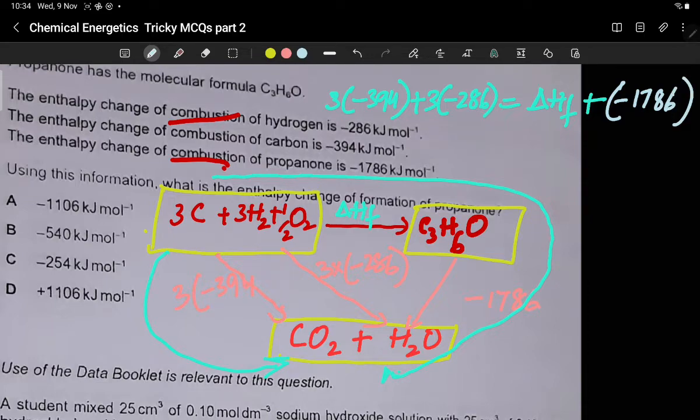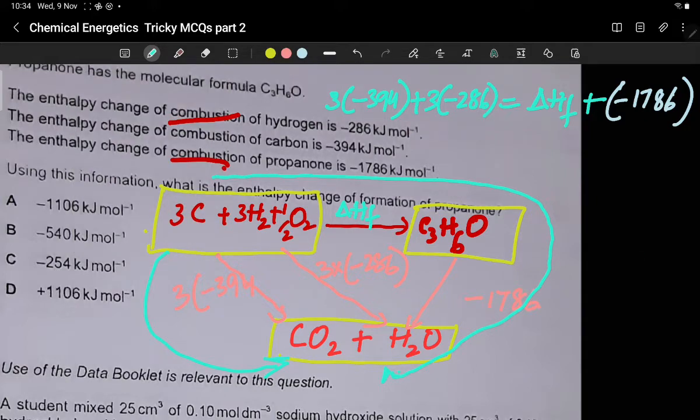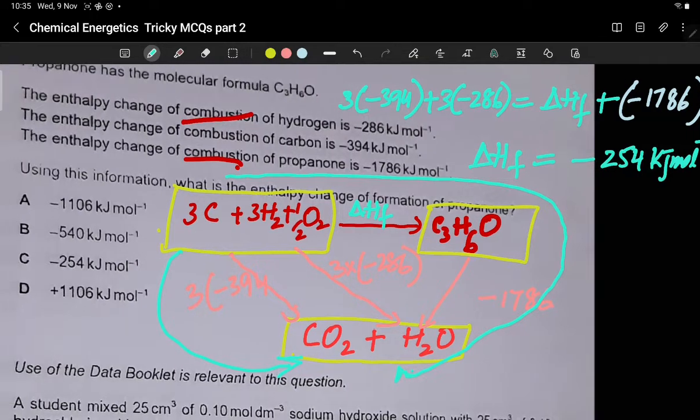So when we solve this equation, we get delta HF is equal to minus 254 kilojoule per mole. So C option is correct.